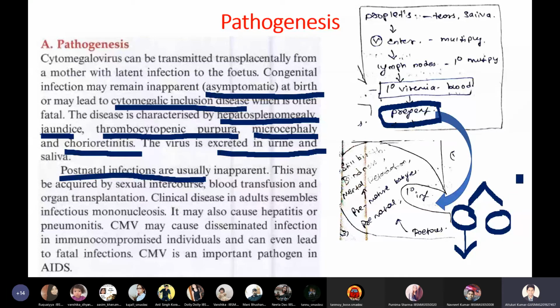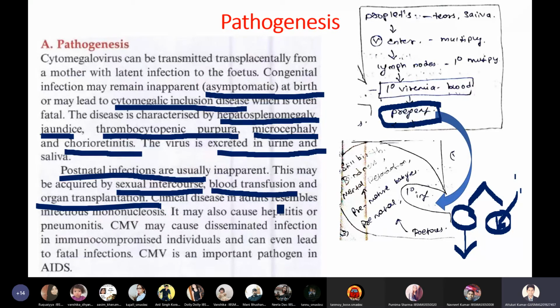When someone has a cytomegalovirus infection, the baby gets infected through the droplets. So that is called a postnatal infection. It is also acquired by sexual intercourse, which makes it a sexually transmitted disease, through blood transfusion, or by organ transplantation. The cytomegalovirus will transmit from person to person.